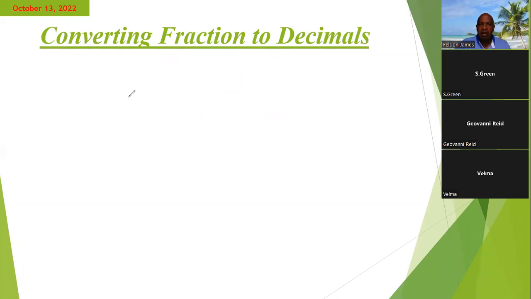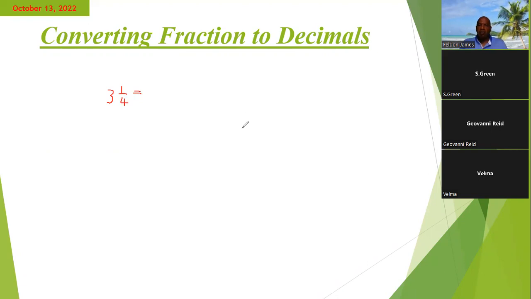I'm going to use one of the fractions that we just derived. So I'm going to use back the 3 1/4. And now what we want to do is convert this to a decimal.